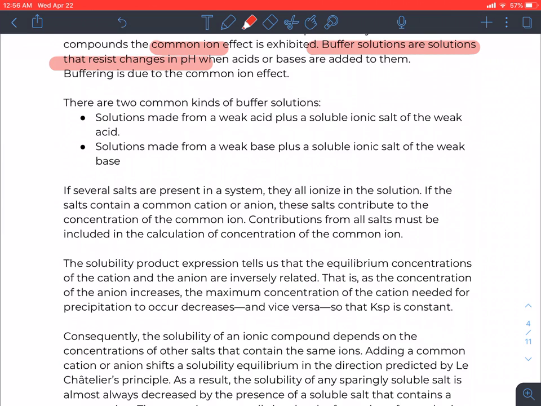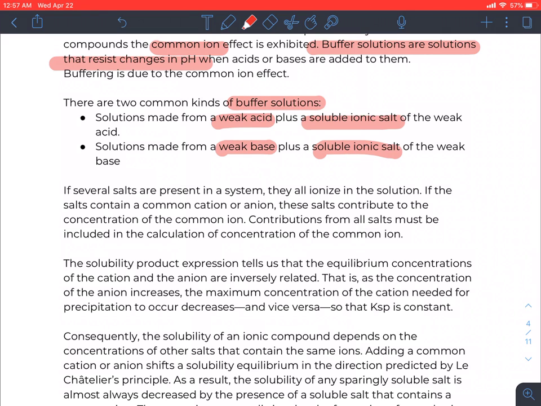There are two common kinds of buffer solutions, and once again, your AP test won't test you over acids and bases, so this is more of just enrichment material right now. Solutions made from a weak acid plus a soluble ionic salt of the weak acid, or a solution made from a weak base plus a soluble ionic salt of the weak base.